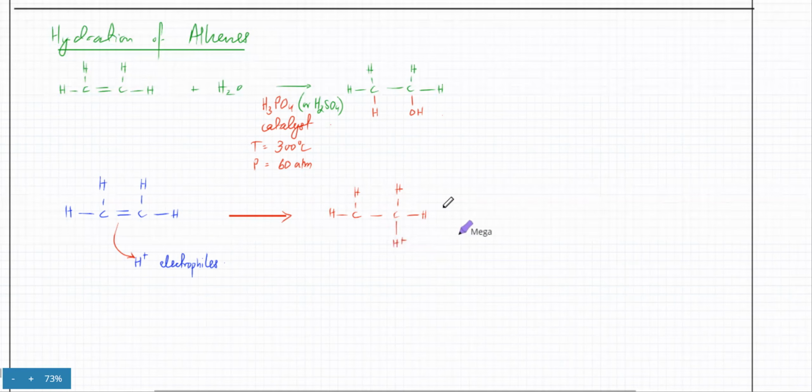As a result, the positive charge on the H goes away because it has pulled the electrons away from the pi electron cloud, and this carbon atom over here would get a positive charge. It would become a carbocation. So that's your carbocation intermediate that is formed.